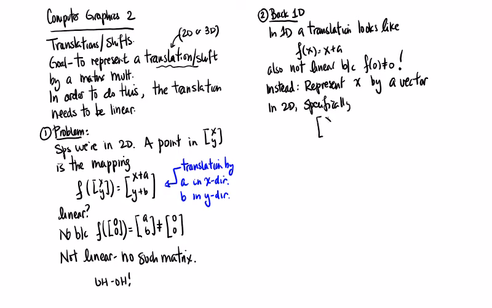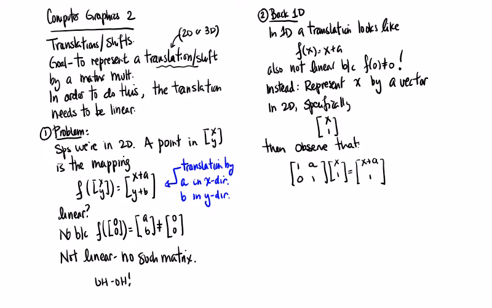Specifically the vector (x, 1). Then observe the following interesting fact. If I take the matrix [1 a; 0 1] and I multiply it by (x, 1), we get (x plus a, 1).